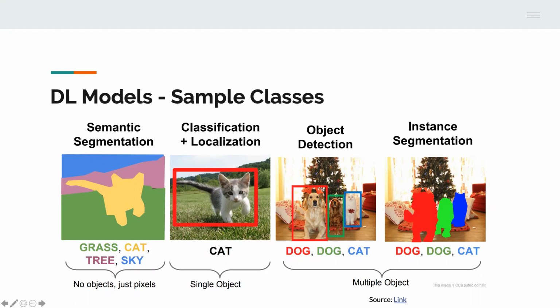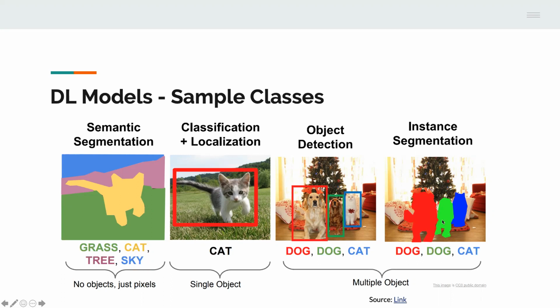You could also do object detection. In this case, two dogs and two cats are detected and a bounding box is drawn around them. And another recent interest has been to do instance segmentation, which basically means that you exactly mark in each of these pixels of this photo which one belongs to a dog, which one belongs to a cat, and such.